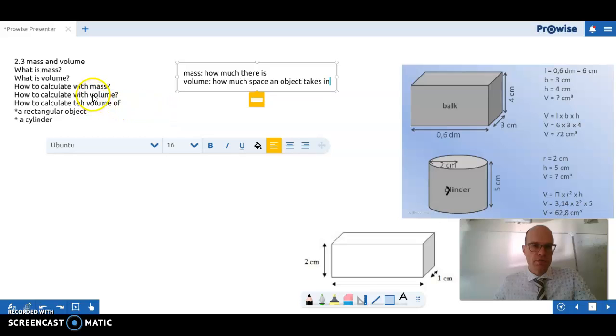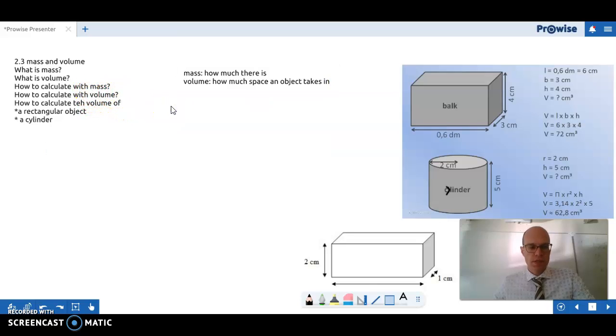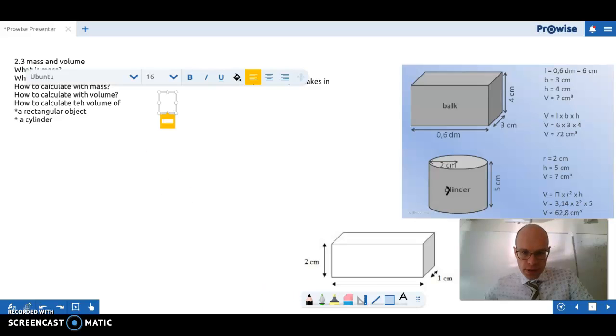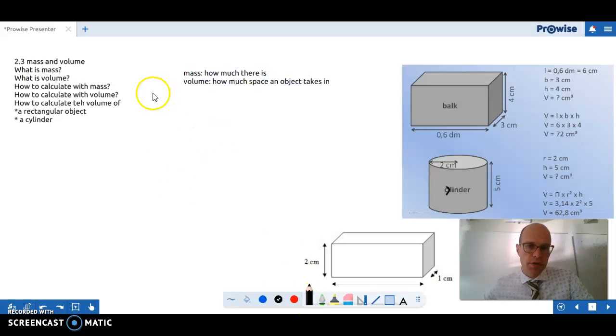And how do we calculate with mass and volume? Well, it's the same as we've done all the time. Only a few things you should know. First of all, 1 ton, 1 t for short, is equal to 1,000 kilograms.